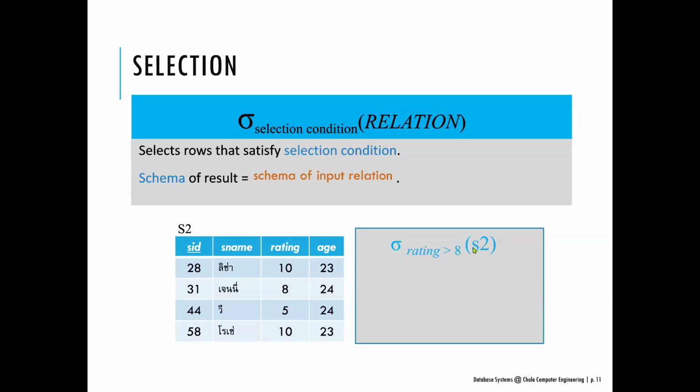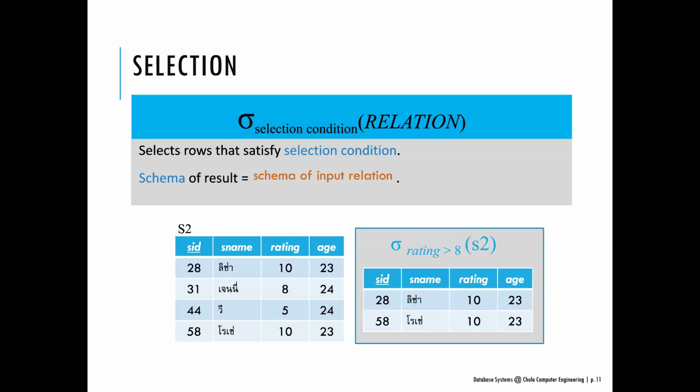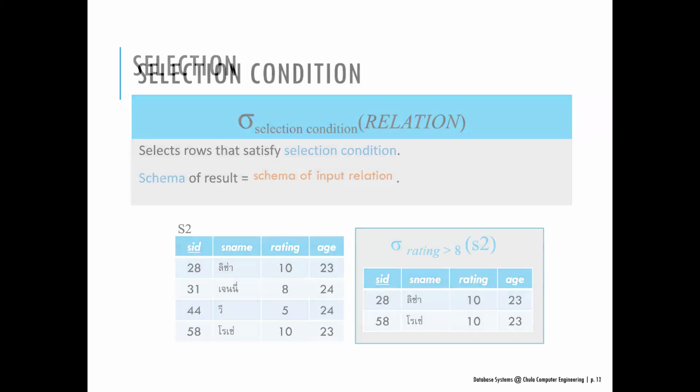See, I have a small s because I am operating on the data within the table, so I use lowercase here. And then I say, I only select from S2 where rating is greater than 8. So what would be the result? How many rows? Just 2 rows, right? So yeah, that's basically what selection does.